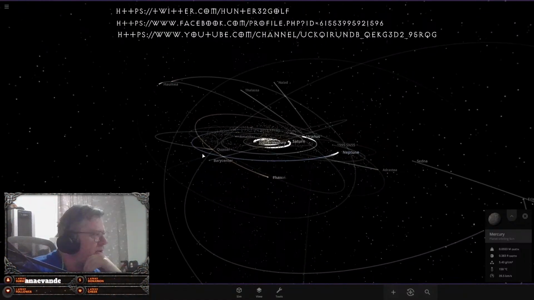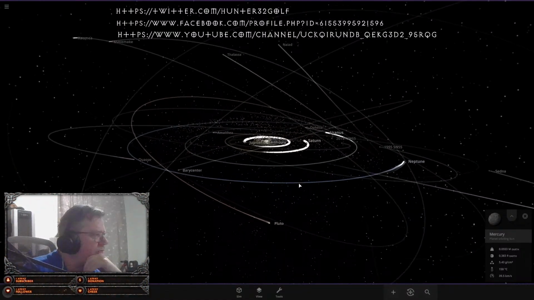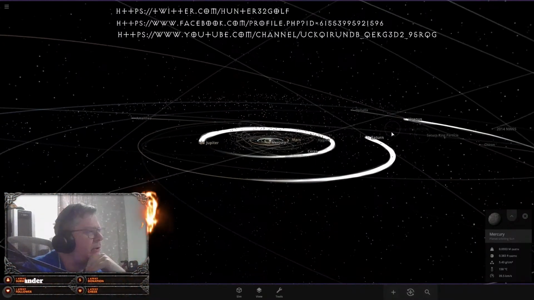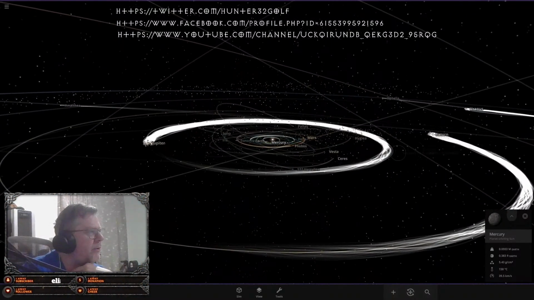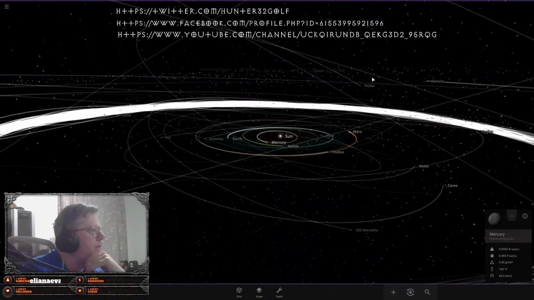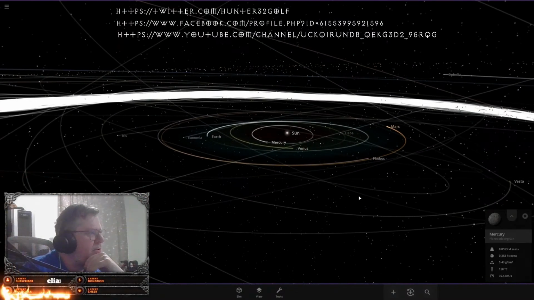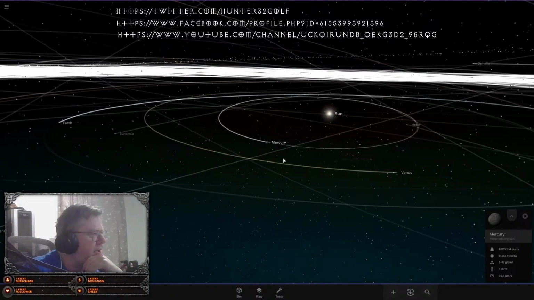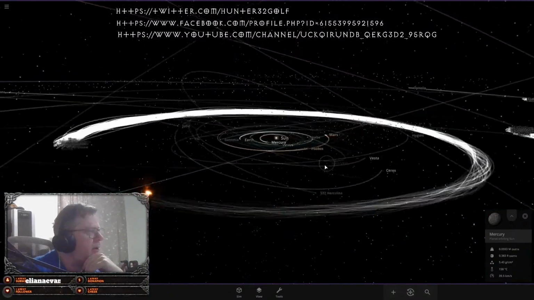Right here, look at all that debris. We fly Pluto, Neptune, Uranus, Saturn, Jupiter. This is the asteroid belt. This out here is the Kuiper Belt. And we come into Mars, and then the Earth, and then Venus and Mercury.